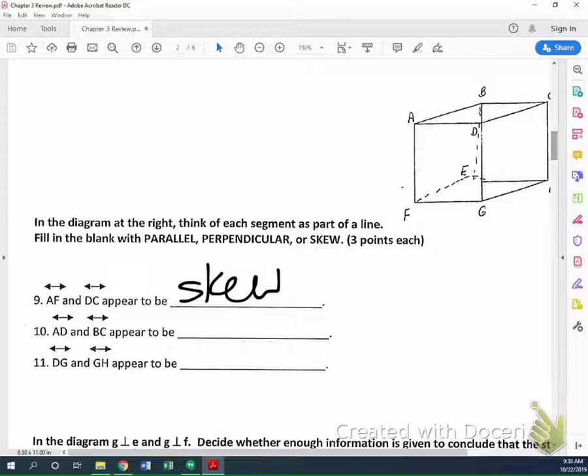So AD is here, BC is back here, so those are parallel, good. And then DG is the front one. And then HG is over here. Yeah, those would be perpendicular. Looks like they make a right angle. All right, questions?